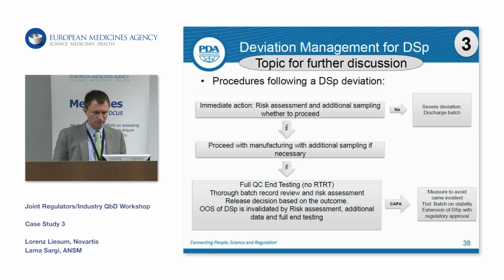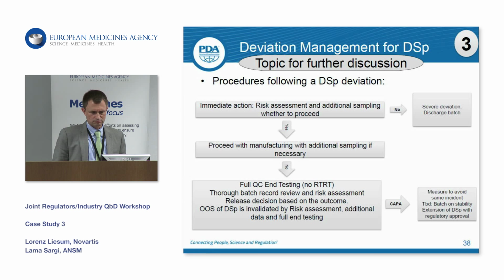From my point of view, it could be pragmatic to proceed the way it is written here on the slide, having in mind scientific data from development and maybe the process knowledge that might be available at the site. So there should be the decision to do full quality control testing, no real-time release testing, and a thorough batch record review combined with risk assessment.